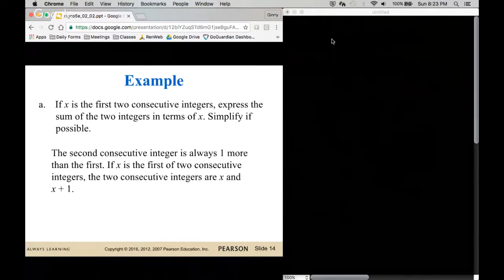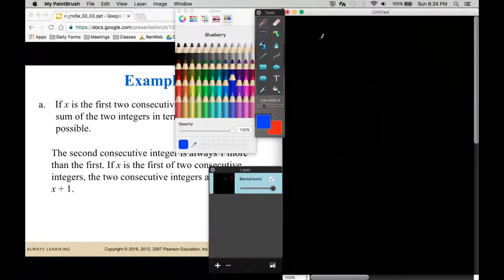So if x is the first of two consecutive integers, express the sum of the two integers in terms of x, and then simplify if possible. So if you have two consecutive integers, the second one is always going to be one more than the one before it. So two consecutive integers, 11 and 12, those are two consecutive integers, all right?